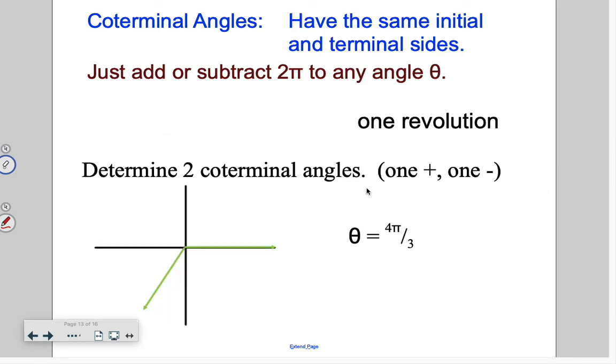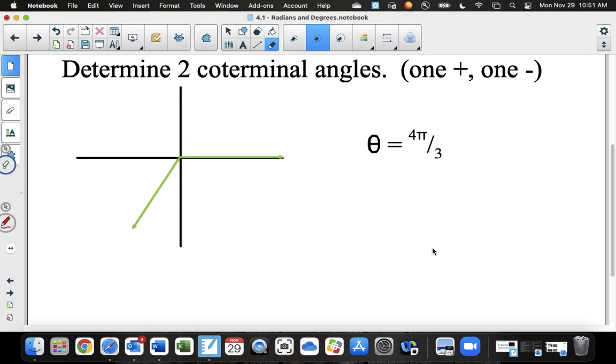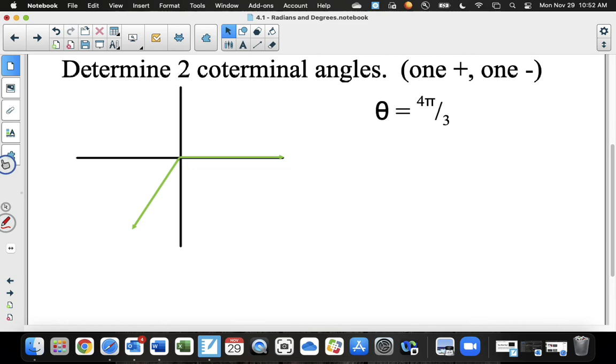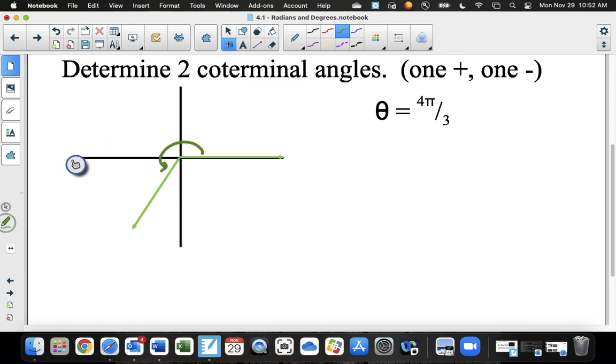Let me give you one last example here. Okay, so this angle, the green angle that I have here, that angle right there is your 4 pi over 3 radians.